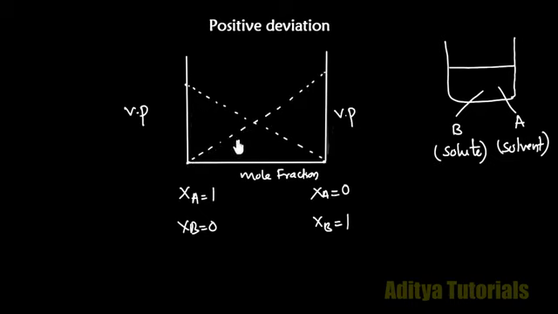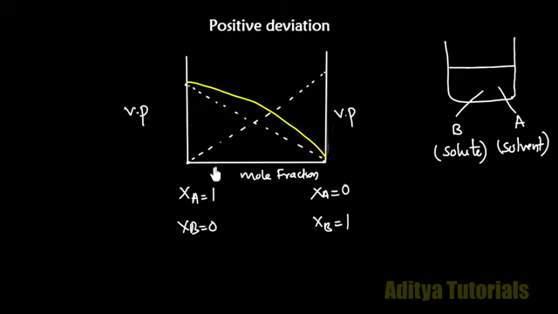Okay. But actually the thing is, for the positive deviation, whatever ideal dotted lines we showed here, these are not the exact values. For A, we have a value like this. This is the vapor pressure. So it is deviated from the ideal behavior.